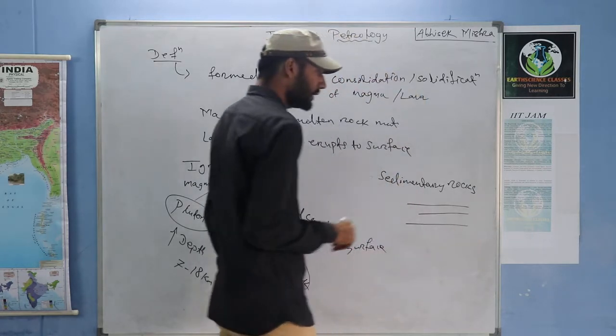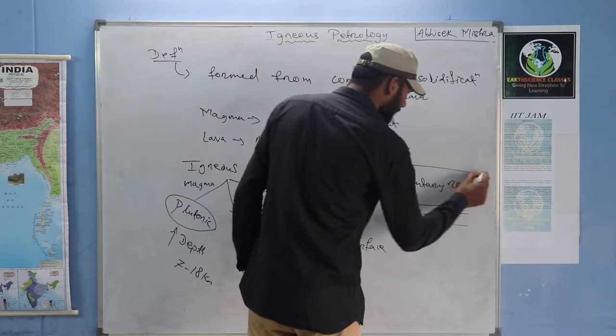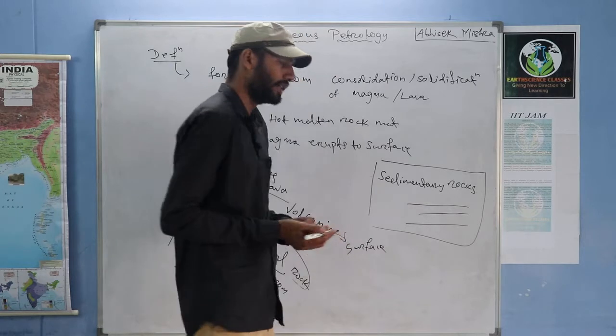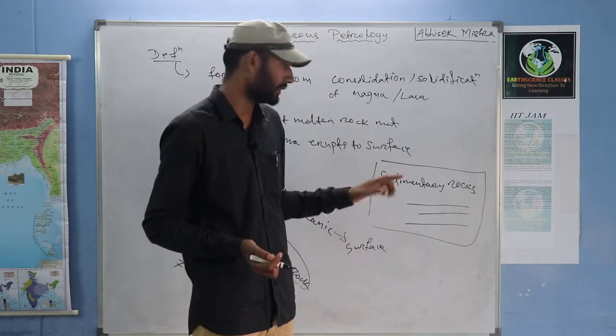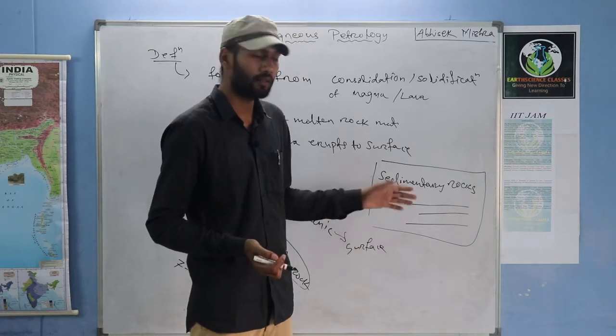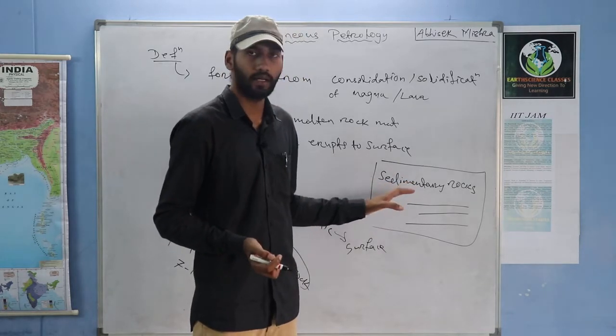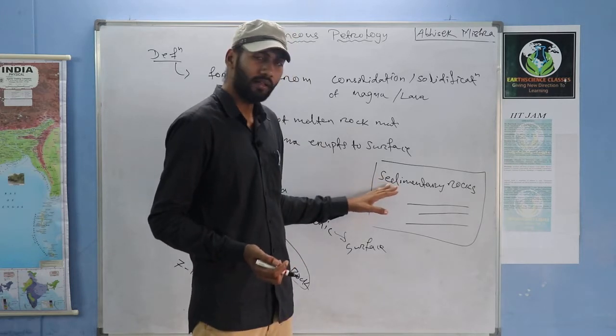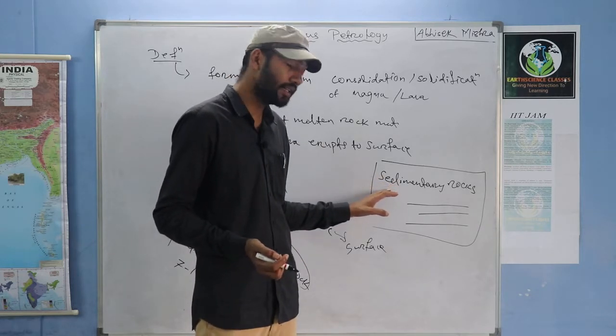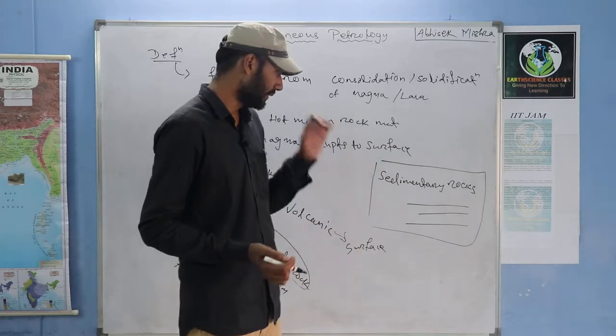Right? These are deposited. Sedimentary rocks are a result of sedimentation, then consolidation, compaction, etc. Diagenesis. Those are the processes. We are going to study that in sedimentary petrology. So sedimentary rocks are forming as a result of sedimentation.